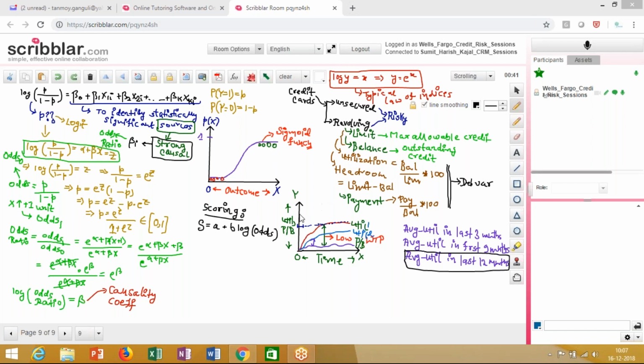Yeah. So what does linearity imply? In layman's terms, what does a linear relationship between two variables imply?